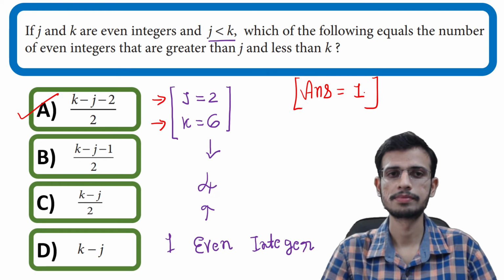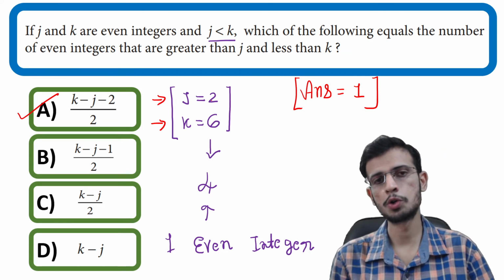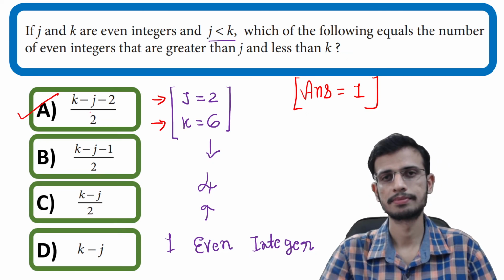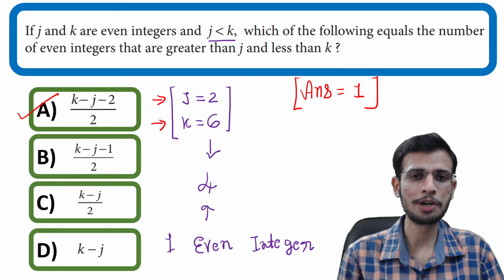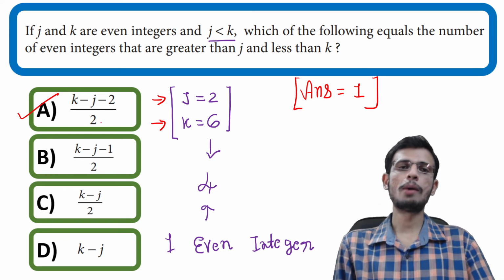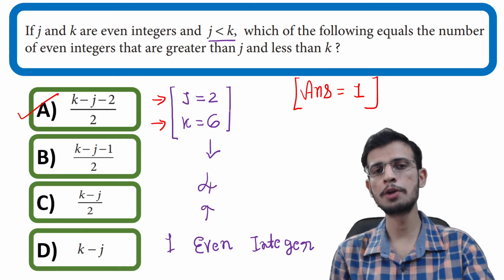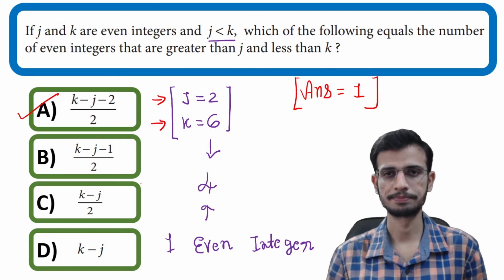If you put k equal to 6 and j equal to 2 in this, 6 minus 2 minus 2, so 2 by 2 will become 1. So option A is correct. You can put these values in other options, but they won't be satisfied.